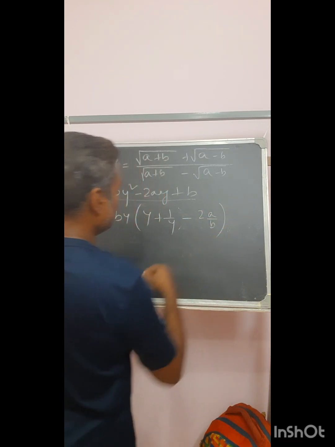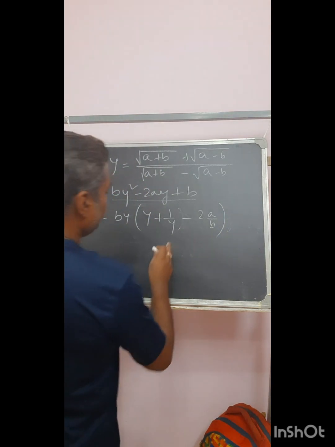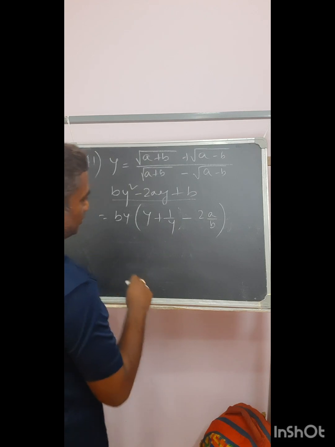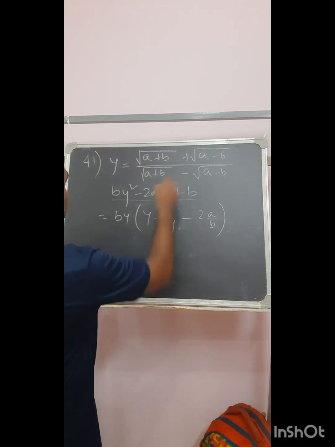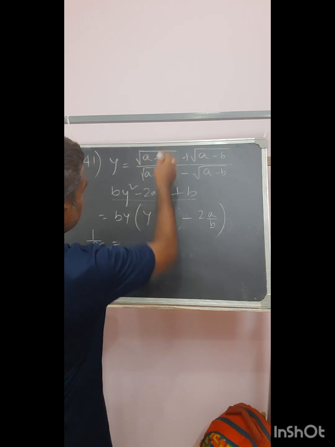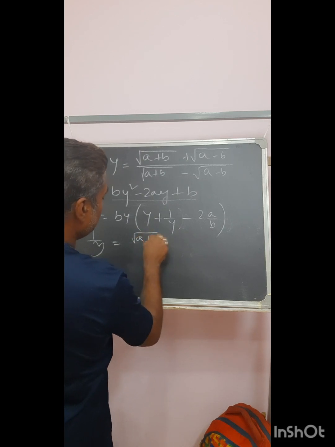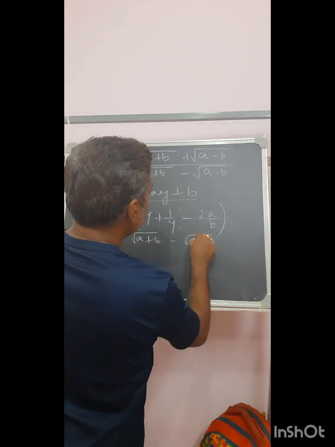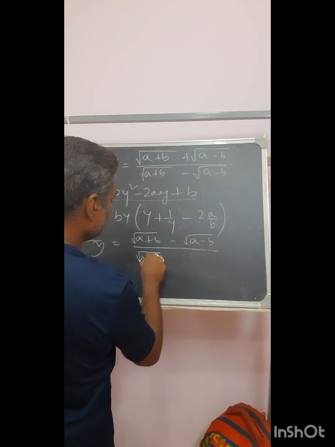It will remain there. Now if I take y is equal to this one, then 1 by y is just the opposite of that. That means a plus b minus a minus b by this one.